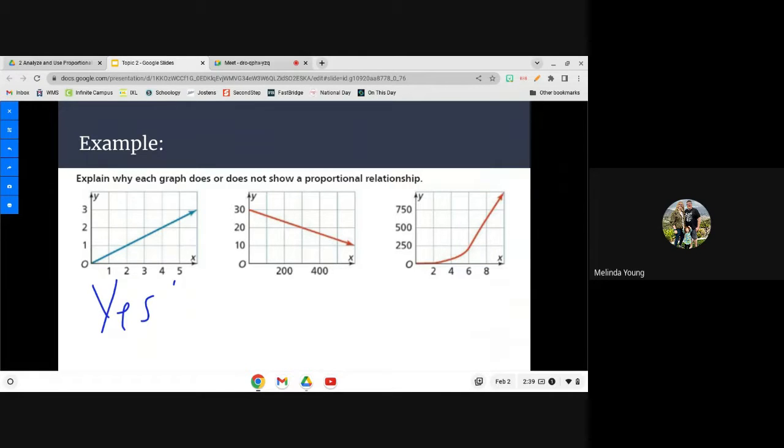This one, because it does not start, yes, it's a straight line, but it does not start at 0. So this one would be no. And then this last one, it starts at 0, but it curves. We don't want curves, so no. So yes, no, no.